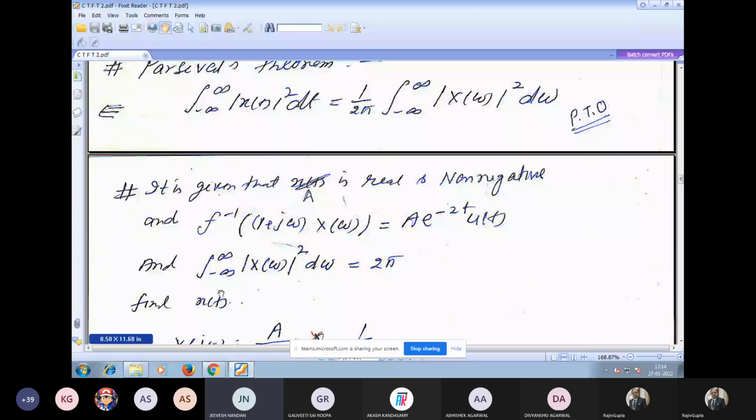Tomorrow you will have an online sessional, okay. One online sessional has already been conducted. Tomorrow there will be an online sessional, so everybody has to be present at your scheduled time. Please inform this to each and everybody.